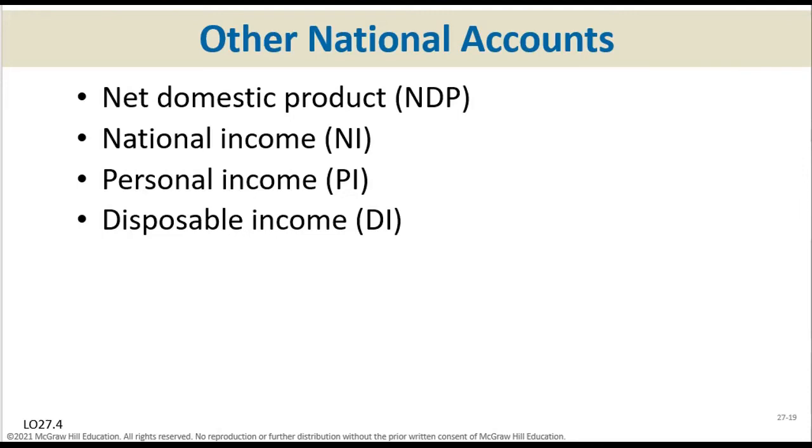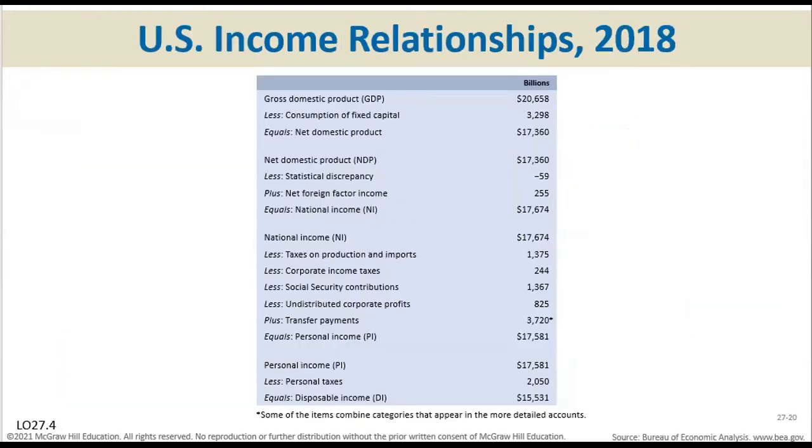The personal income, PI, includes all income received regardless of whether it is earned or unearned. And finally, you have the disposable income, denoted DI, which is your personal income less taxes. After you pay taxes, it's what people refer to as take-home pay. So this table illustrates the relationship between the GDP, the NDP, the national income, the personal income, and the disposable income.